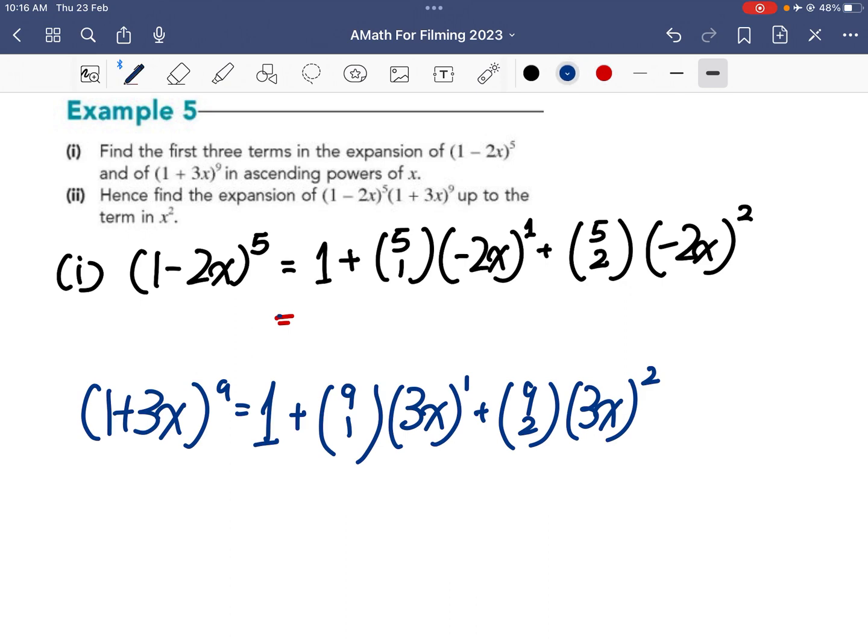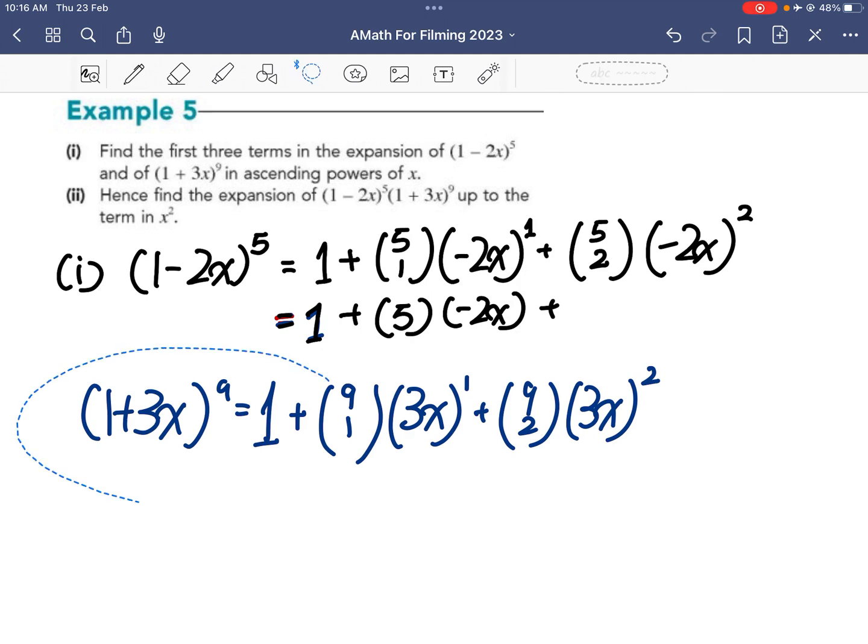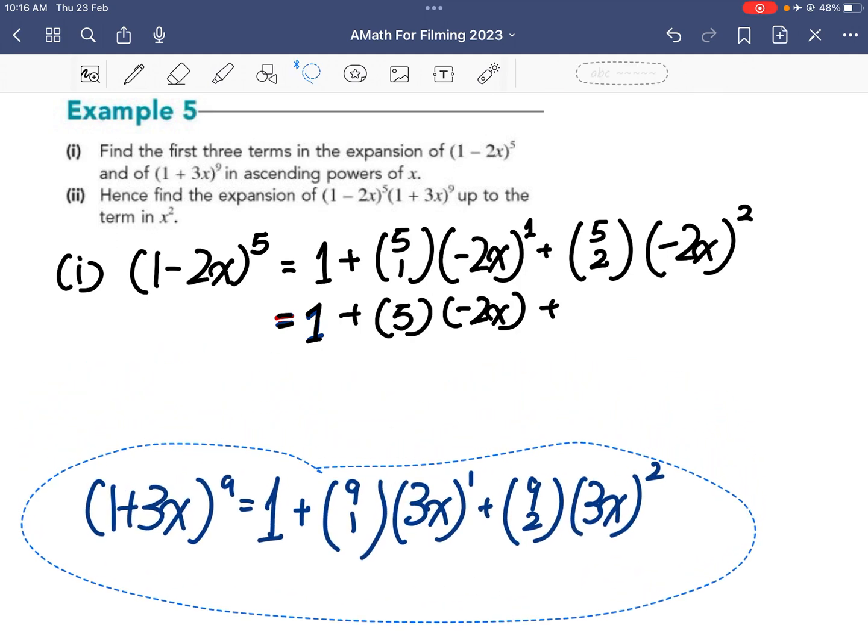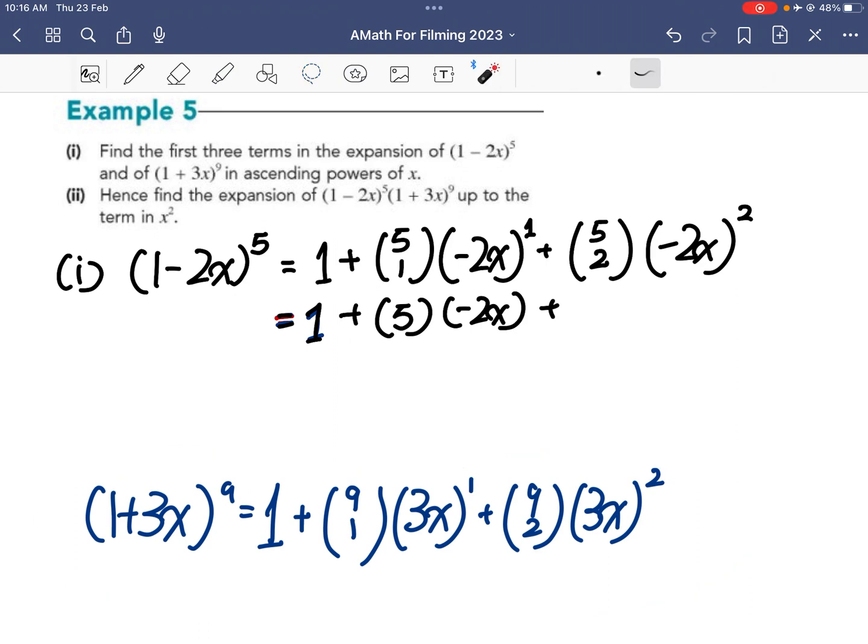If I simplify, 1 is just 1. 5 choose 1 is 5, 5 times negative 2x. You need to figure out how to use your calculator to find these values. Like 5 choose 1 is actually 5, and then negative 2x, you leave it alone. Do remind me in class to show you how to use your calculators to get the value of 5 choose 1, 5 choose 2, and so on.